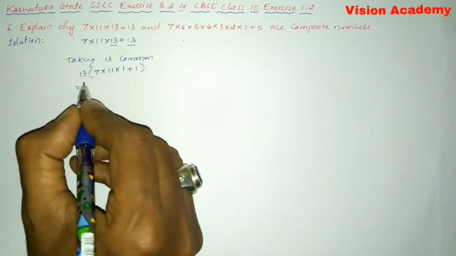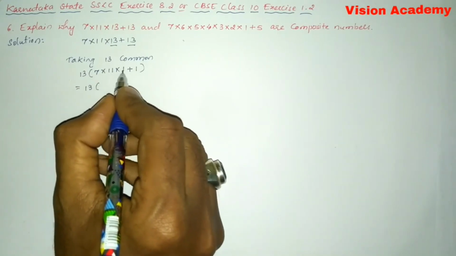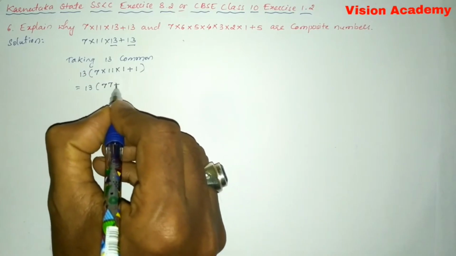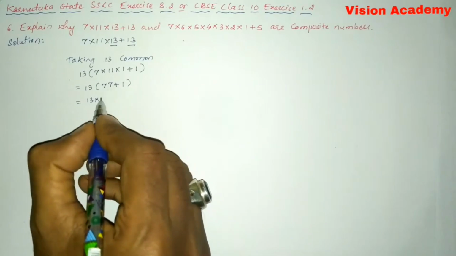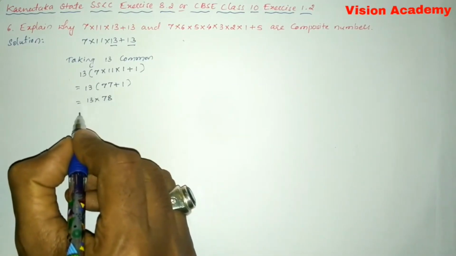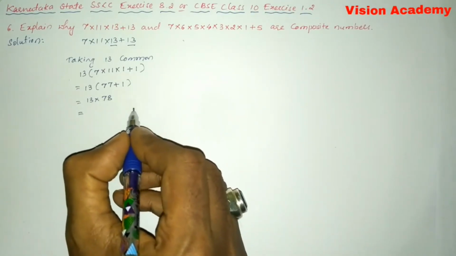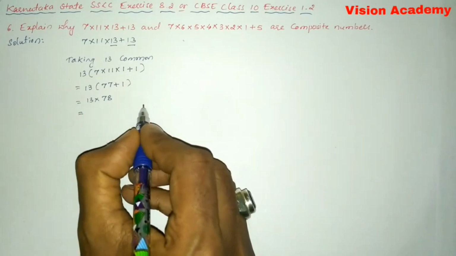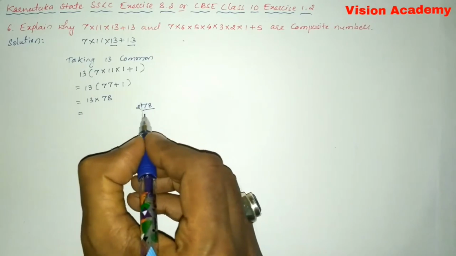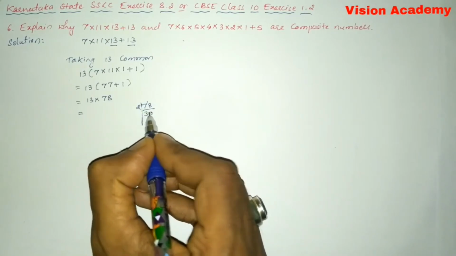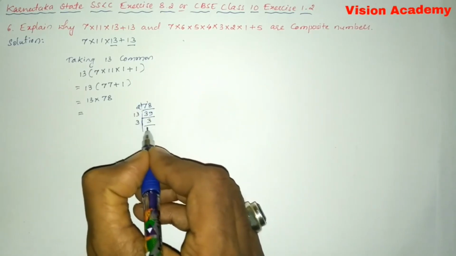So here let us simplify further. 13 into, 7 11s are 77, 77 1s are 77, this plus 1 as it is. So here 13 into 77 plus 1 is 78. So here both of these two give us the prime numbers. So 78 is further divided by the other prime factors such as 2. 2 3s are 6, 2 9s are 18. Again now 13 3s are 39, and this will get divided by 3.